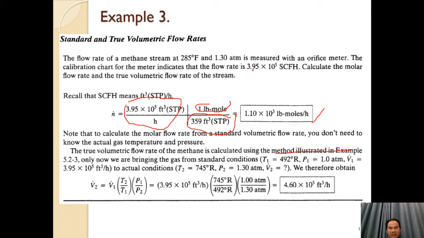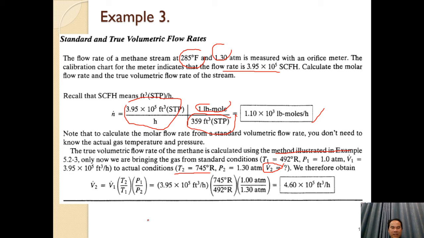The second state is from the measurement: T2 is this, P2 is this, and V2 we don't know.